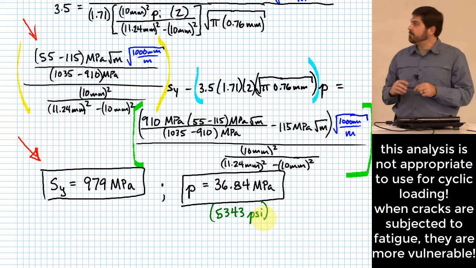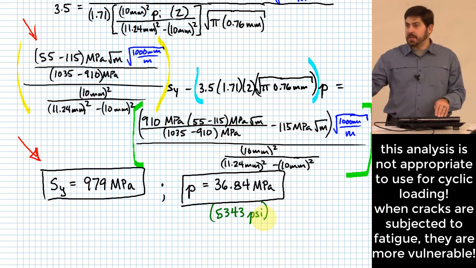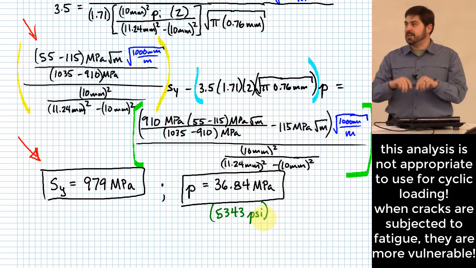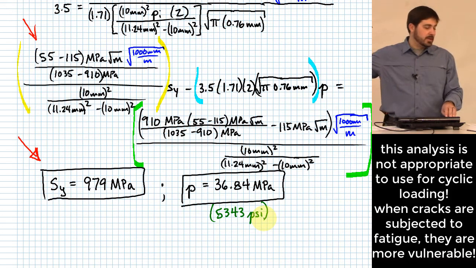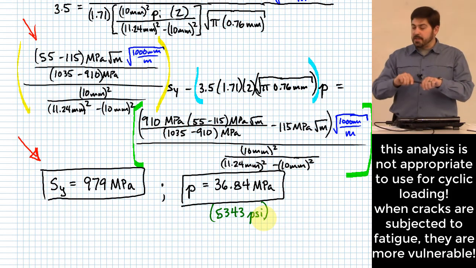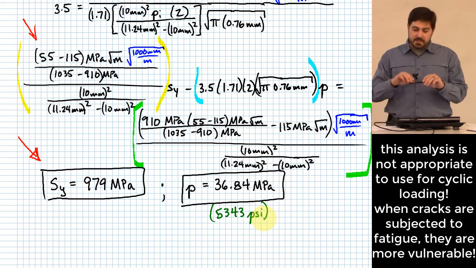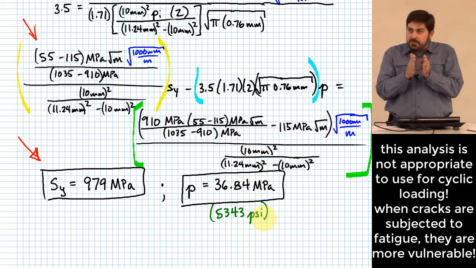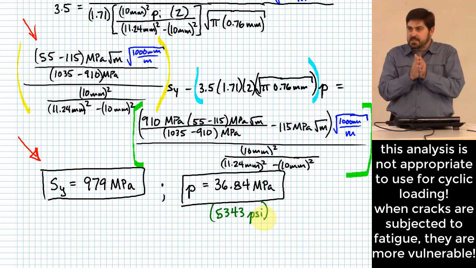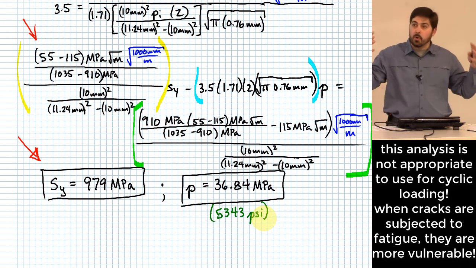Here's what I want to say about that. When you have cracks in a material and then you subject it to fatigue loading, in other words, repeated loading over and over and over again, what we're doing right here isn't quite valid, right? So this is more for static loading, what we just did up here. If you've got cracks in a material and then you apply this fatigue loading, that is a really bad situation, because what happens in fatigue loading is any place where you have material defects and you load it, you basically can separate those defects by a little tiny bit and then relax it again, and then separate it again, and then relax it again at each of those little tiny defects in your whole material.